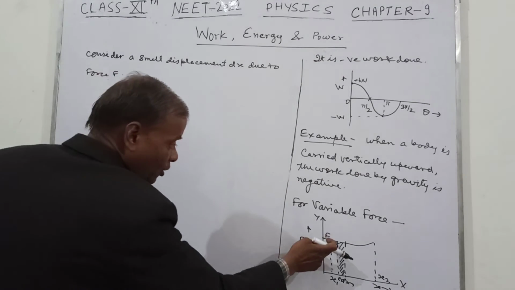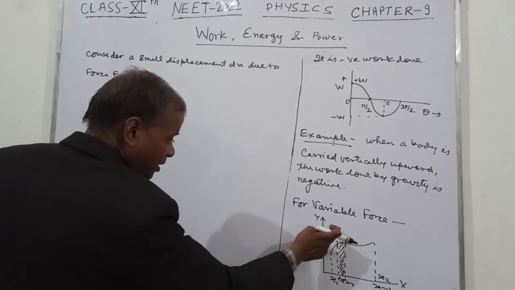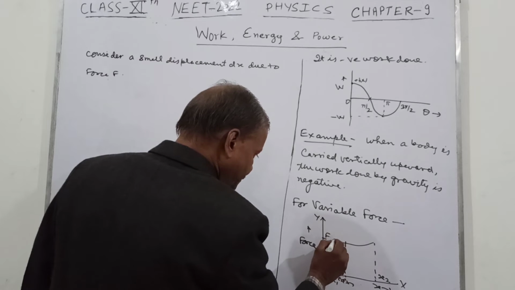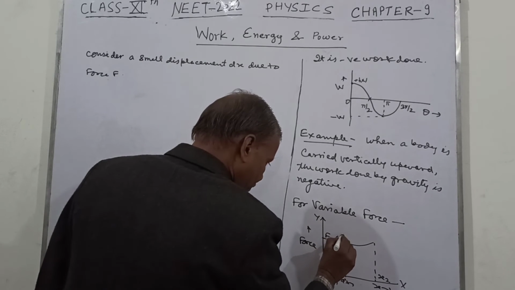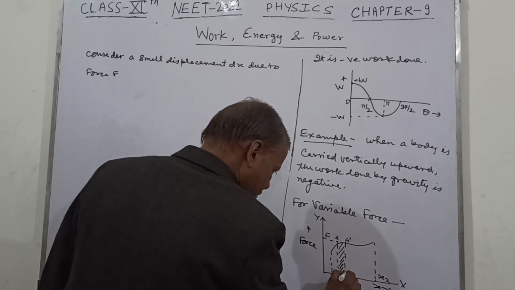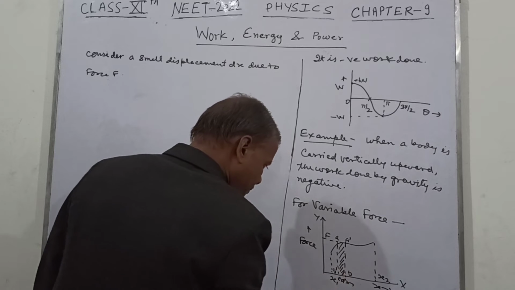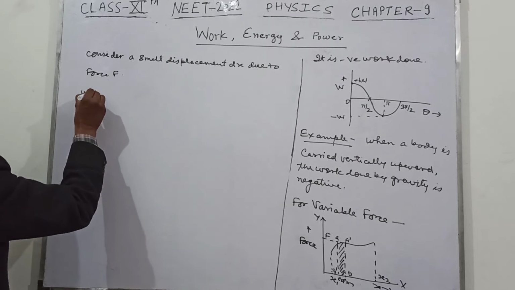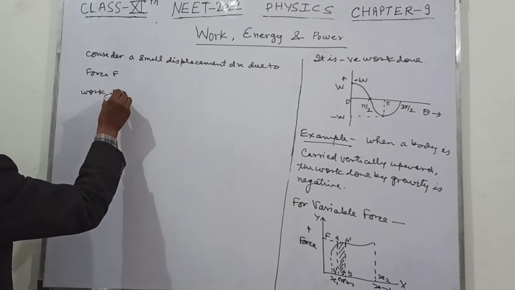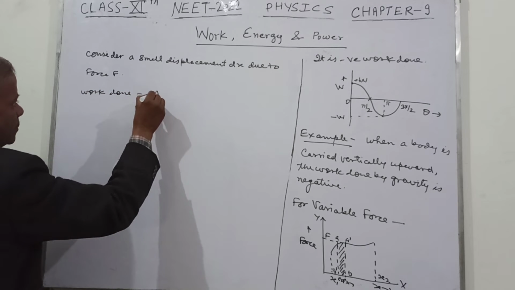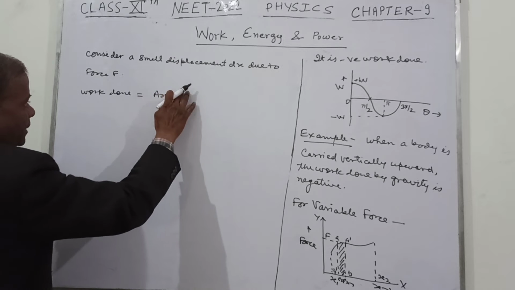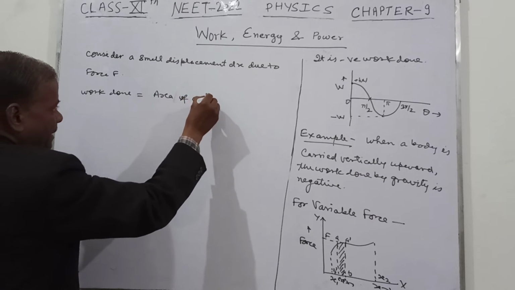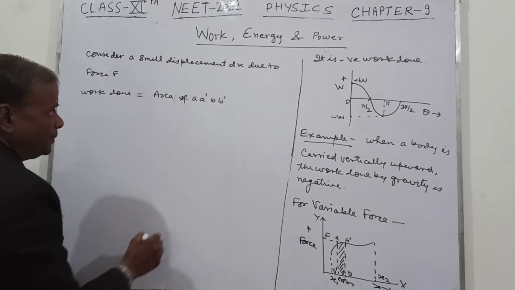Then the area of this strip. Area of this strip. Suppose this is now your A dash, B and B dash. Then work done equal to area of A dash, B dash.